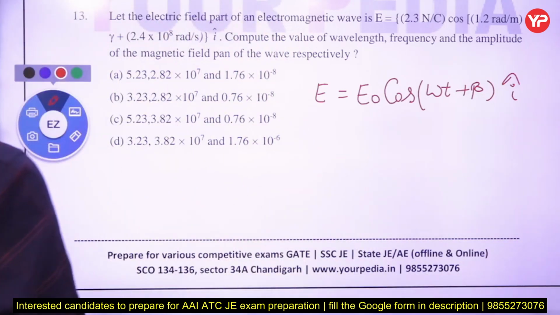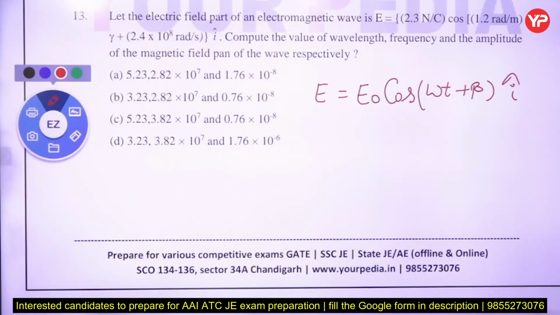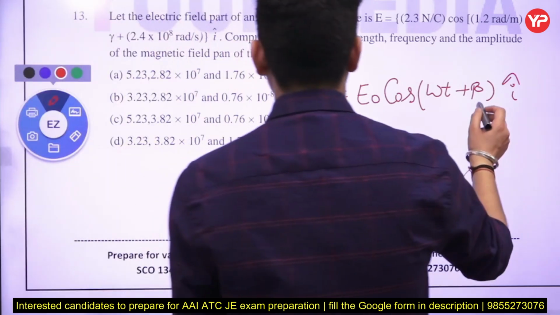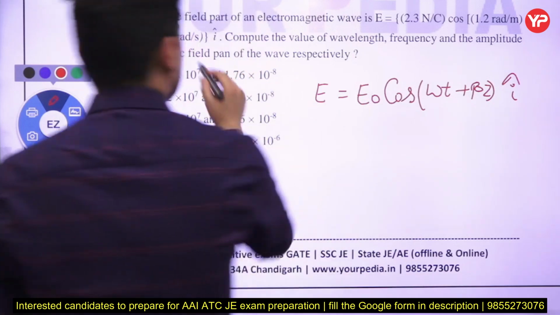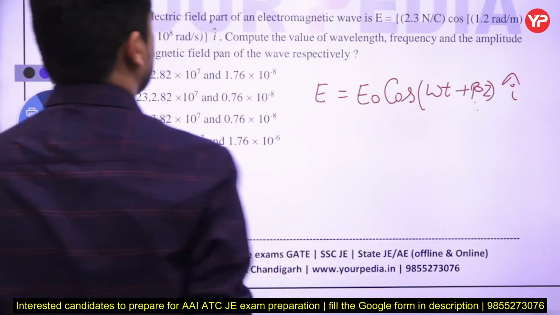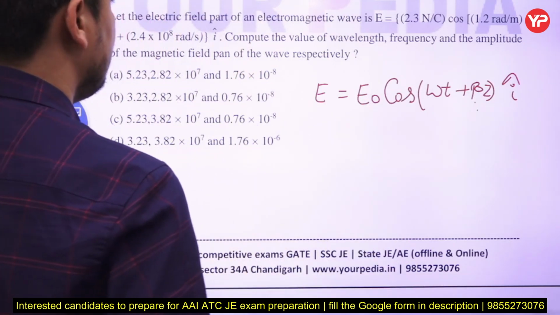That is the formula, right? Omega is given to you, right? Beta is given to you. Okay, the question is not completely written. Omega t minus beta z, like that, right? So we have to calculate omega.